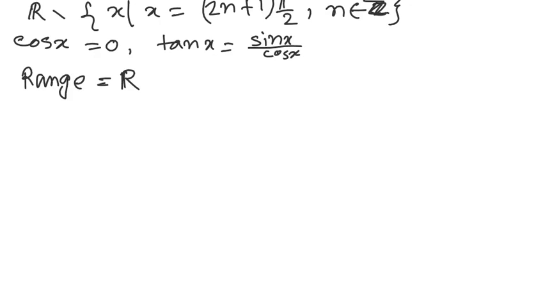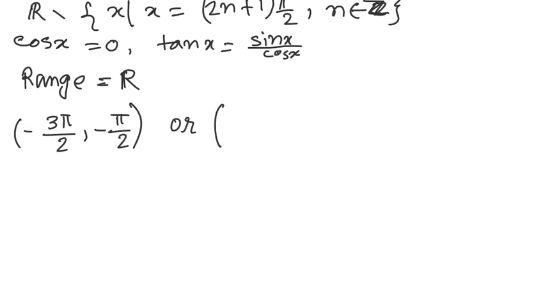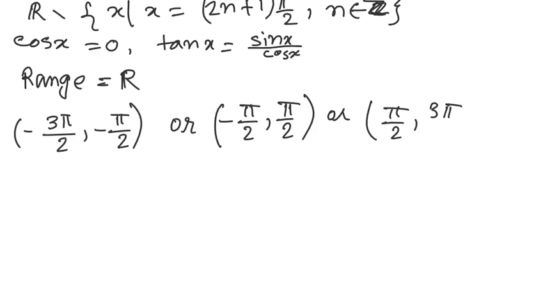But in the domain that we have defined, tan x is not bijective. Tan x is bijective if it is restricted to the intervals minus 3 pi by 2 to minus pi by 2, or minus pi by 2 to pi by 2, or pi by 2 to 3 pi by 2, and so on.